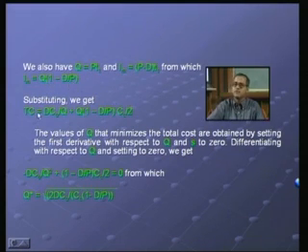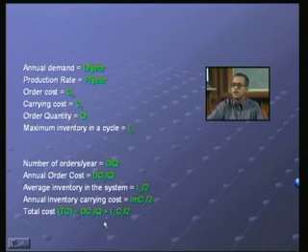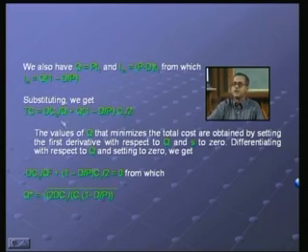So substituting, we would have total cost Tc, we go back and substitute for Im is equal to Q into 1 minus D by P. So substituting, we get total cost is equal to D by Q into C naught plus Q into 1 minus D by P into Cc by 2. Now we want to find out the best value of Q that minimizes this Tc.